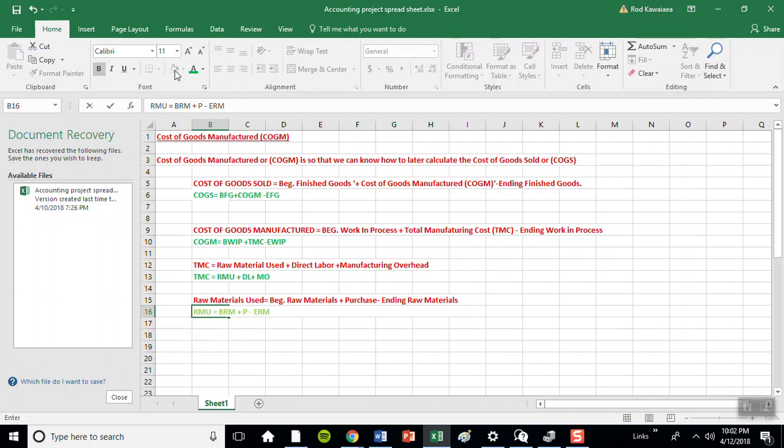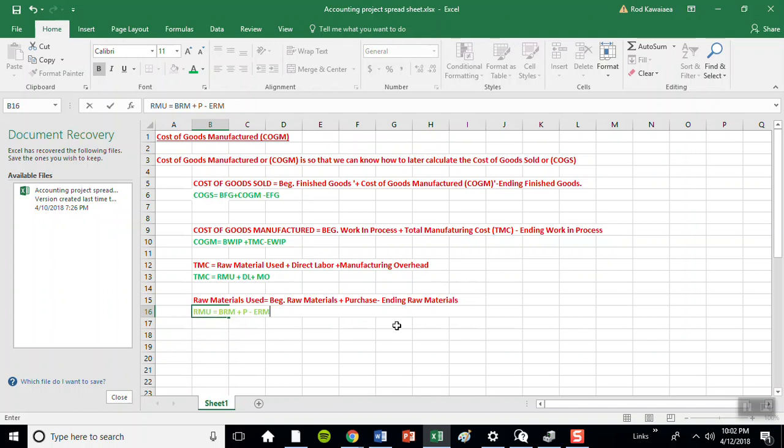Our beginning raw materials are the materials we have at the beginning of the period. Purchases are the materials we add to those. And our ending raw materials are whatever we're left with at the end of the period, like I said, January 1st to December 31.